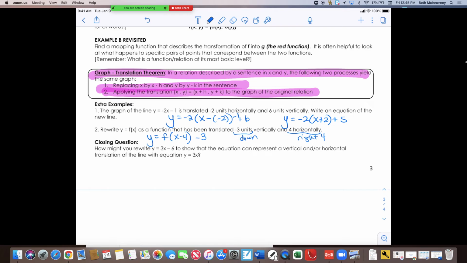All right, in the closing question, how might you rewrite y equals 3x minus 6 to show that the equation can show a vertical and horizontal translation of the line with equation y equals 3x? Well, do you see I could factor out the 3. So this would show right 2 units.